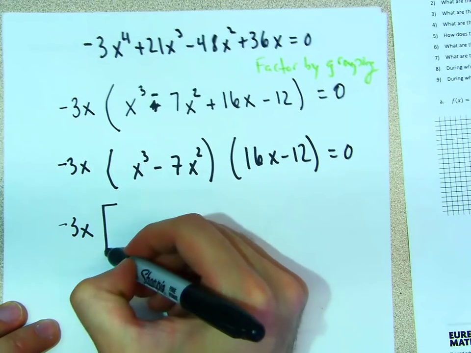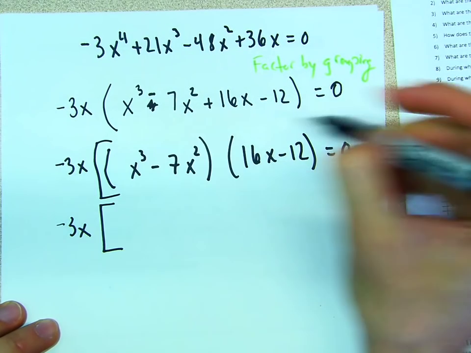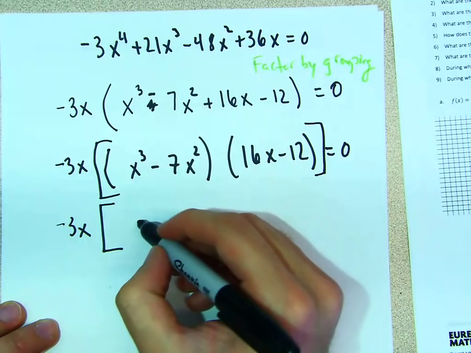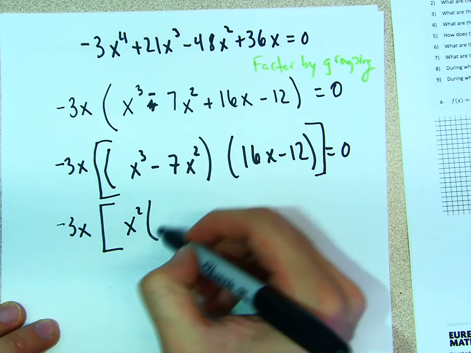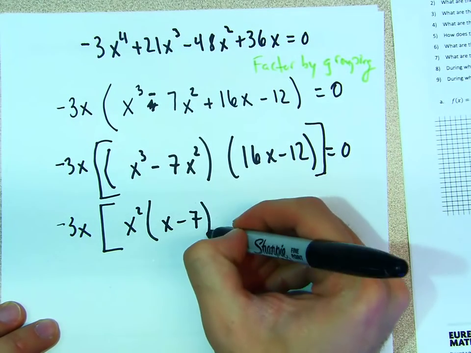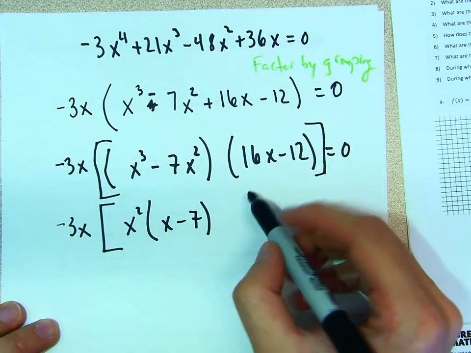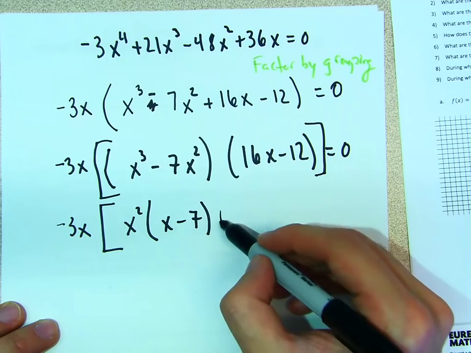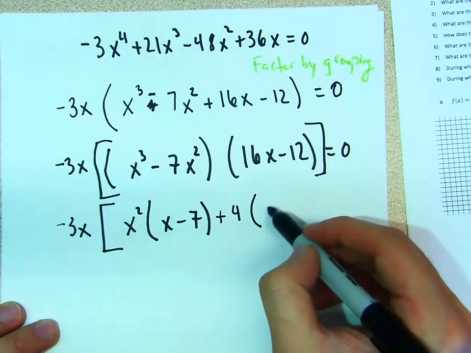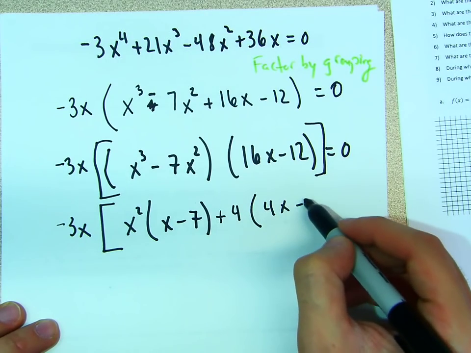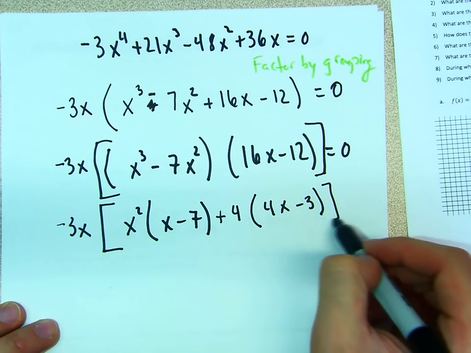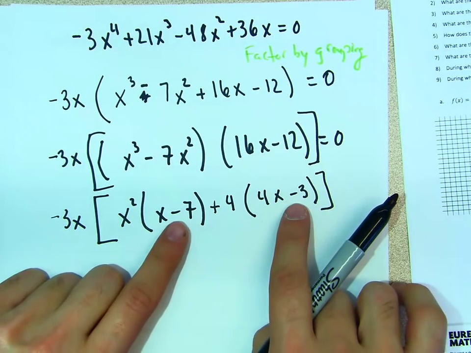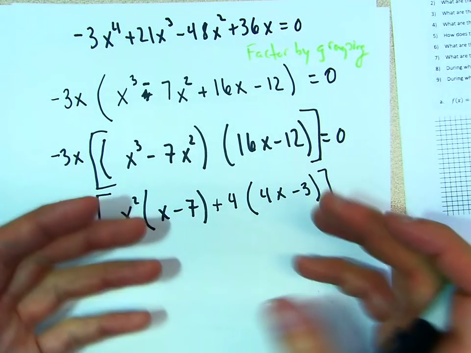It's going to be x squared, so this is x minus 7, and hopefully we get an x minus 7 here. If I factor out the GCF here, it looks like it's just a positive 4, but then this becomes 4x minus 3. And notice that we don't have the same common binomial, and we can't continue.